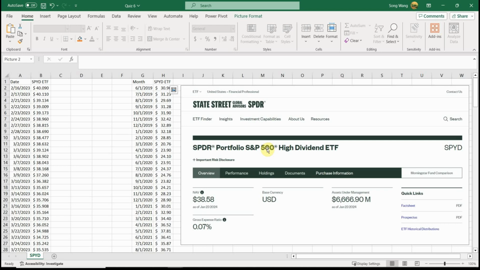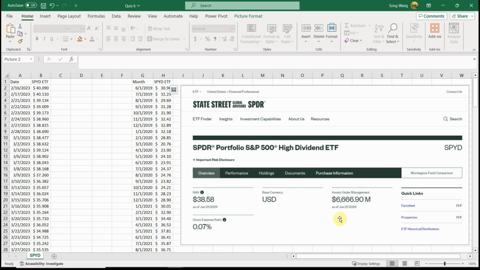All right, and this ETF just mimics the Standard & Poor 500 index. You see, the Standard & Poor 500 index is different from this ETF. The ETF just mimics the index with the same weights in the same stocks, but at lower volume.